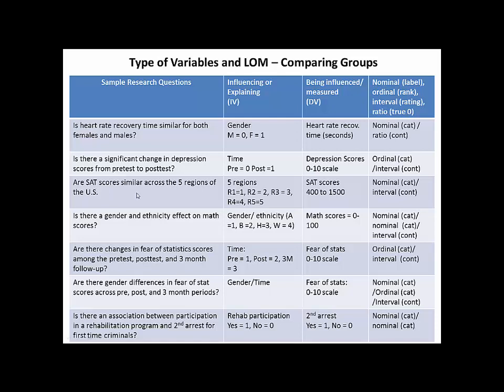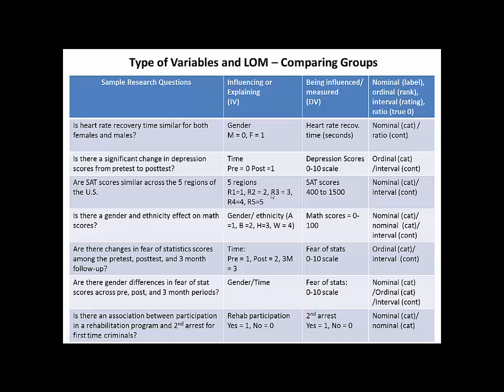Are SAT scores similar across 5 regions of the US? SAT scores is the thing that is being measured, so it is the dependent variable. Regions is what we believe is going to influence SAT scores. So regions is the nominal variable because regions can be classified as north, east, south, west, and the numbers are just labels.